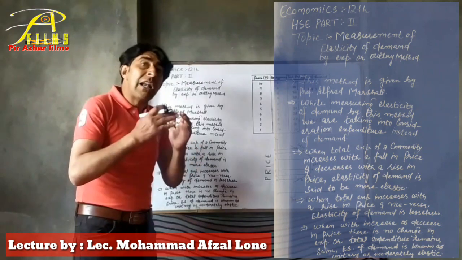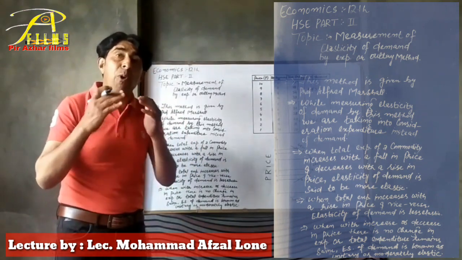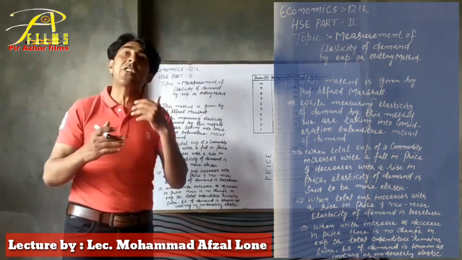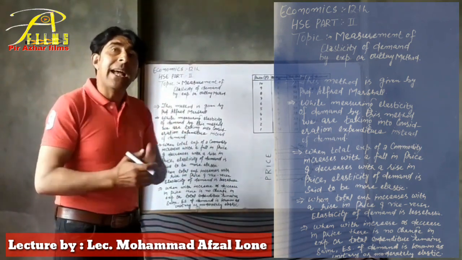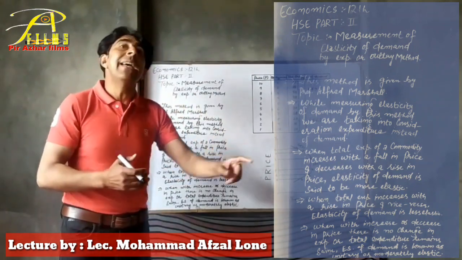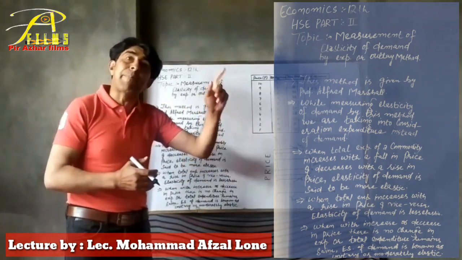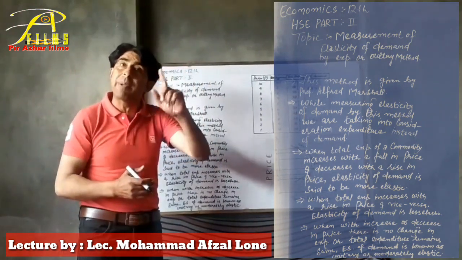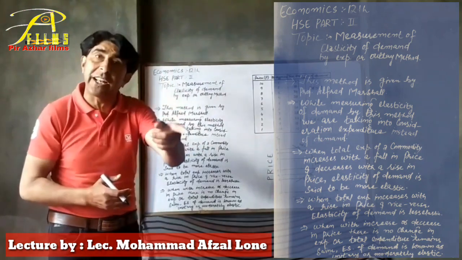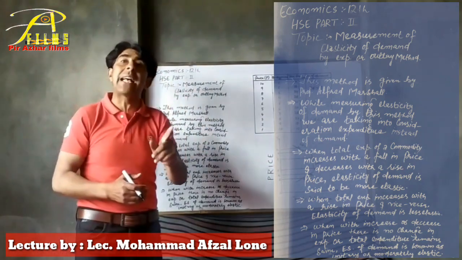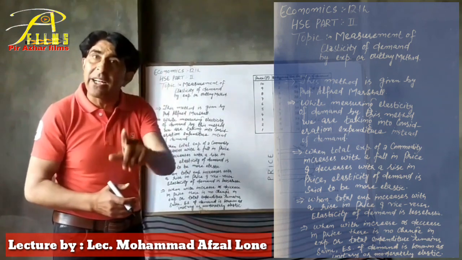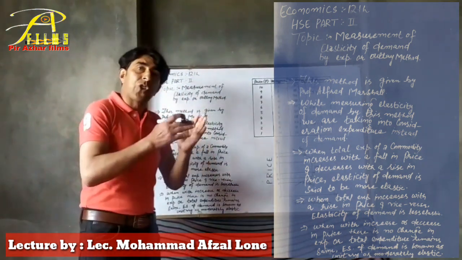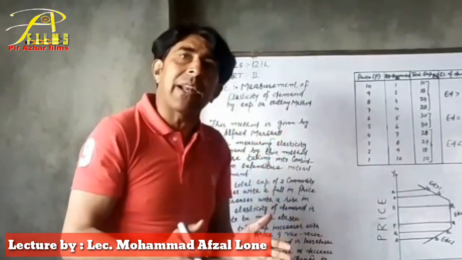Unlike the flexes, proportionate or percentage method, where we took the percentage change in quantity demanded as a result of change in price, in this method we take the price and the total expenditure, and measure elasticity on the basis of total expenditure. That is why this method is known as the total expenditure method or outlay method. So let us come towards the practical work.